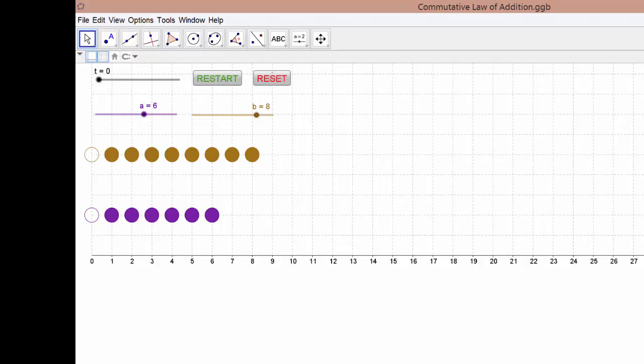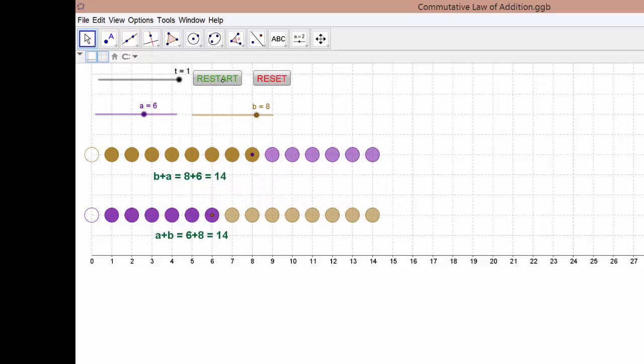We want to add all of our gumballs together, and we want to know if it matters in which order we add them. We've got a number line here that says how many gumballs of each type we have. Now let's add these together. When they're added together, we can see that it's on the same line, 14.